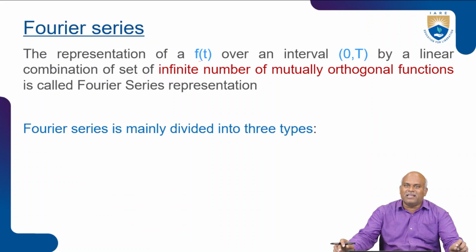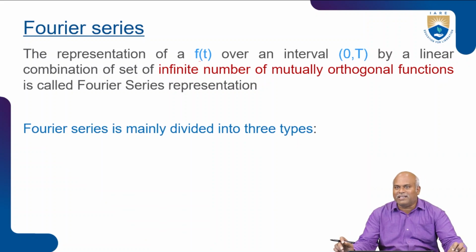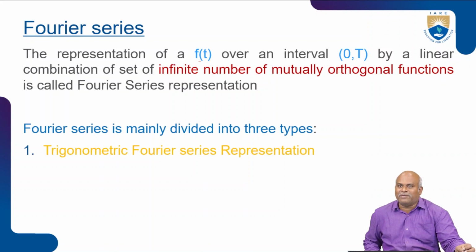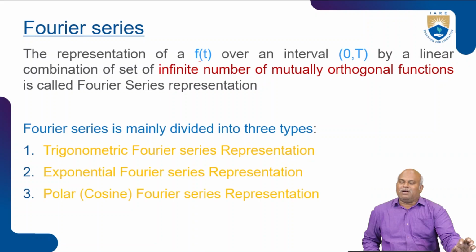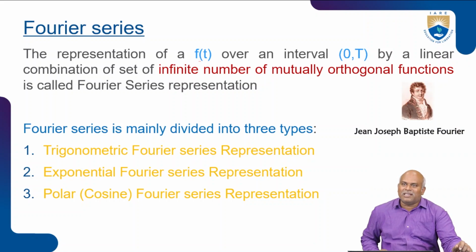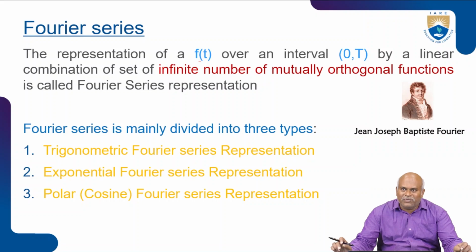Fourier series is mainly divided into three types. The first type is the trigonometric Fourier series representation. The second type is the exponential Fourier series representation. The third one is the polar or cosine Fourier series representation.